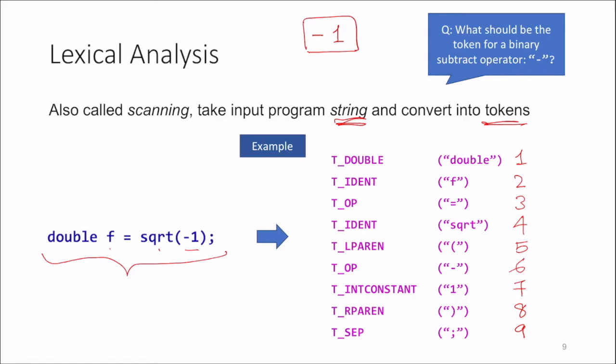But the minus sign can also be used in a binary operator. So you can have 3 minus 2. And now you can see that the token is exactly the same, right? It's a minus in both cases. So what I want you to think about is, what should be the token output? Is it the same as this or different? That's a question I want you to think about.